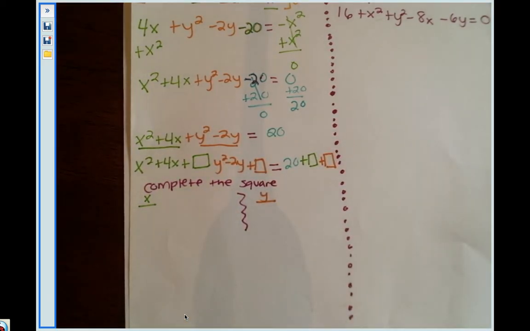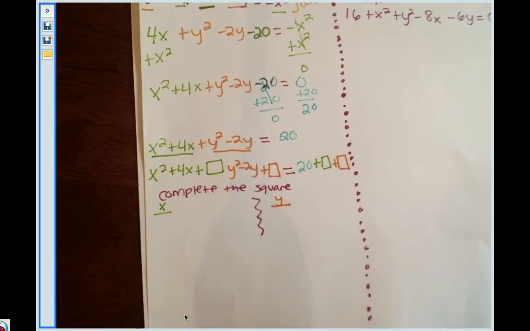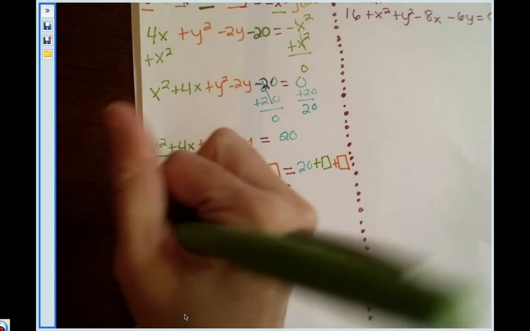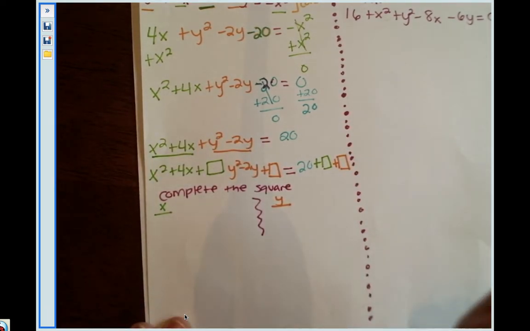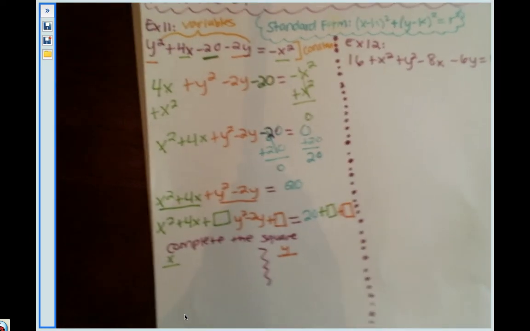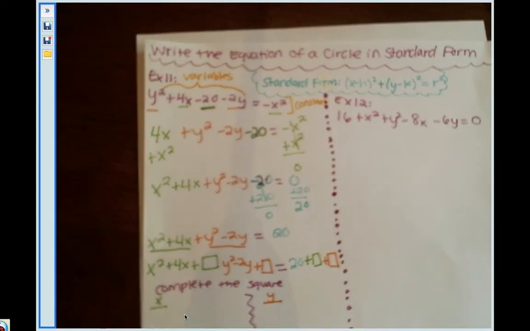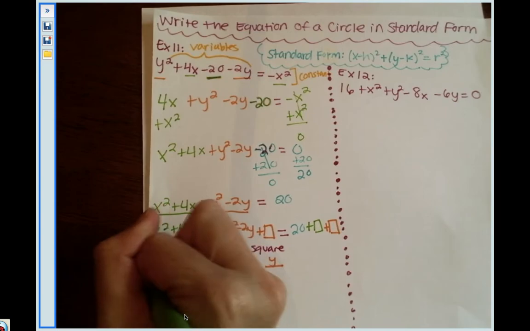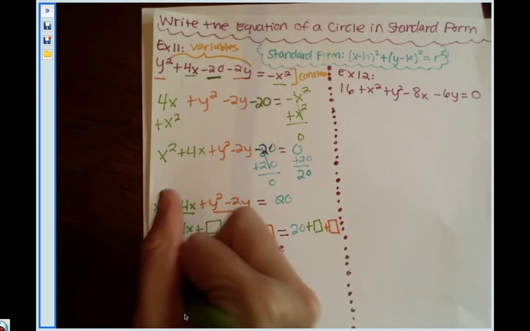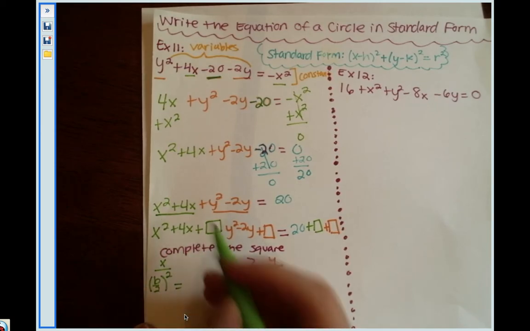So what is that magical fraction we use to complete the square? It is b over 2 squared. You guys are like mathematicians already. So we're going to do b over 2 squared. The b term in this one is the 4.